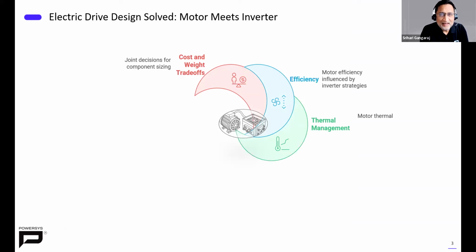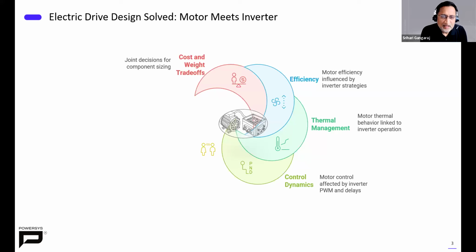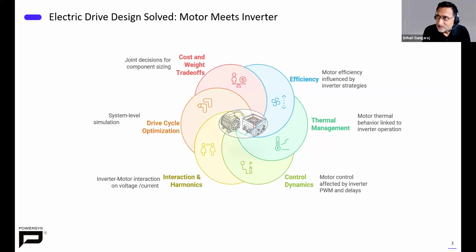I have been in electric vehicle and electric drive simulation for almost 25 years, specifically the last 15 to 16 years. I've been working in General Motors and Stellantis on the simulation and optimization of electric powertrains. Now I am with PowerSys, and I felt that simulating the motor alone has a few drawbacks, and simulating the inverter alone has some drawbacks.